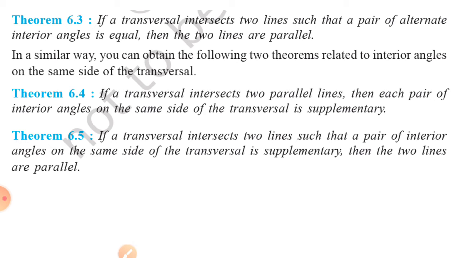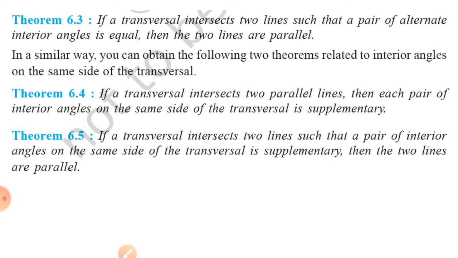Theorem 6.4 is, if a transversal intersects two parallel lines, then each pair of interior angles on the same side of the transversal is supplementary. And theorem 6.5 is, if a transversal intersects two lines such that a pair of interior angles on the same side of the transversal is supplementary, then the two lines are parallel. Okay, these are theorems 6.3, 6.4 and 6.5.